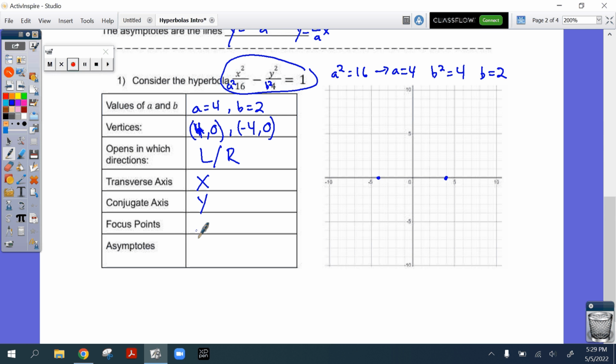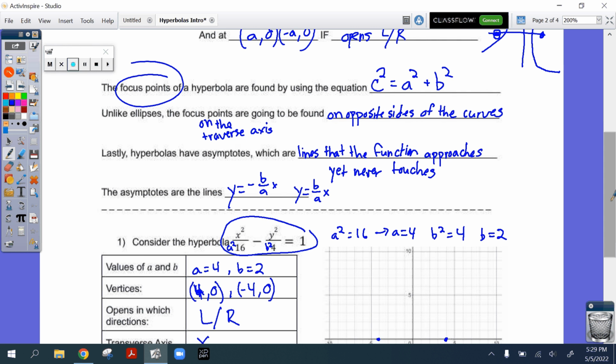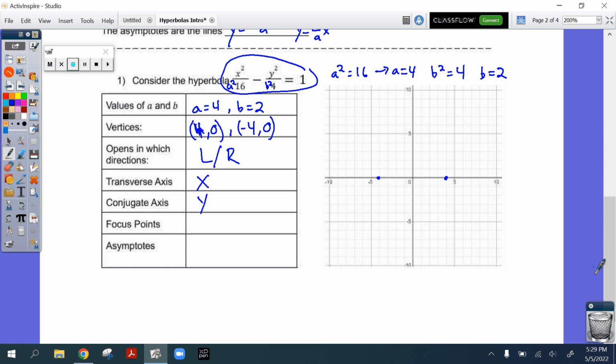The focus points we have to find using the equation that we just learned. C squared is equal to a squared plus b squared. Well, we're already given a squared and b squared right here in the equation, which is kind of convenient. 16 plus 4.